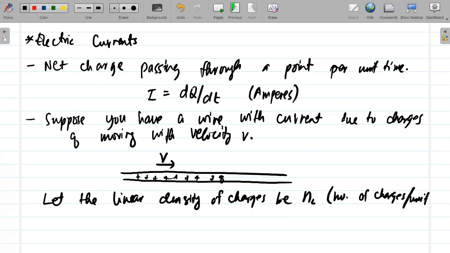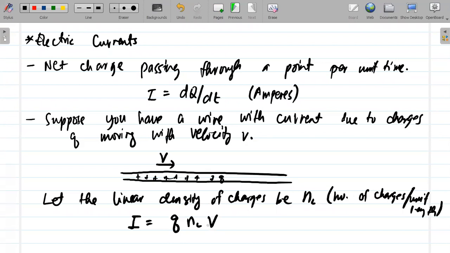Hindi siya yung charge per unit length, siya yung number of charges per unit length. So ito ay, kunwari, 1 per meter or 2 charges per meter. Parang ganon. Wala siyang dimensions. So bali yung current mo dito, that is given by Q times the charge density n sub L times the velocity.